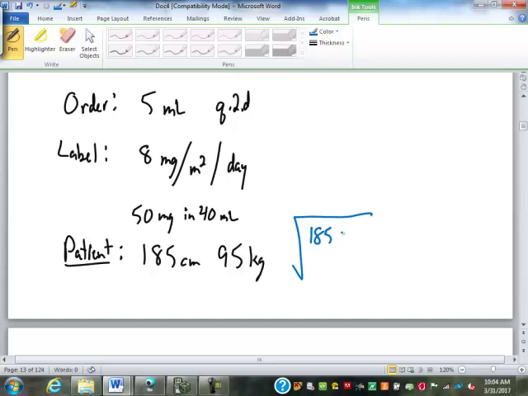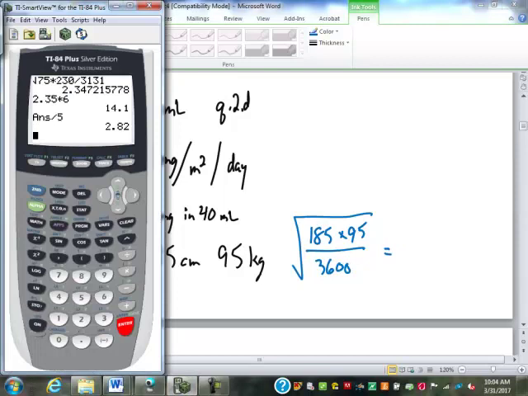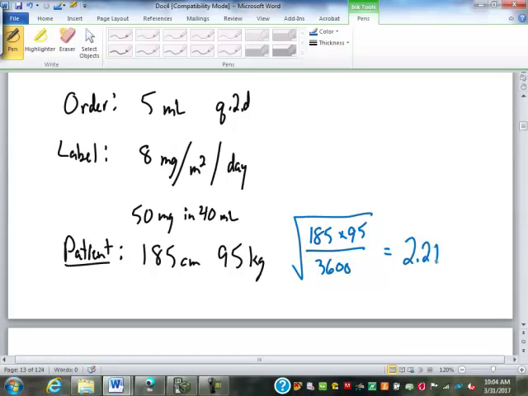So it should be height times weight, 185 times 95, divided by what number? 3,600 here. So the square root of 185 times 95, divided by 3,600. So 2.21 square meters.